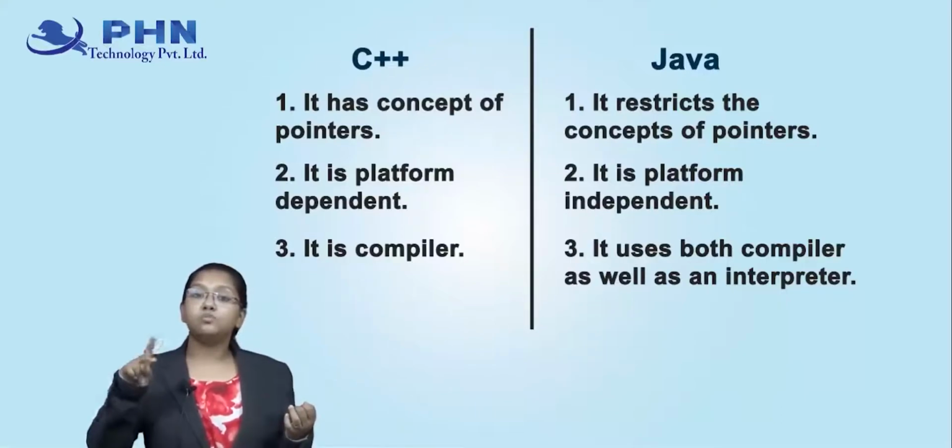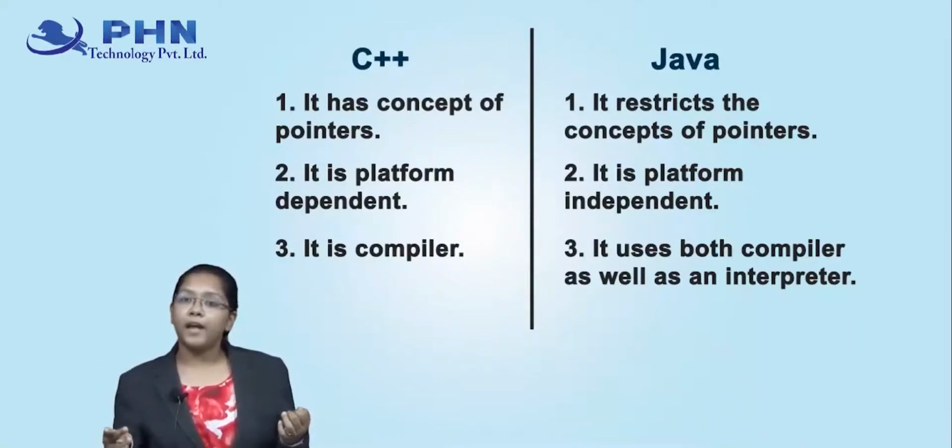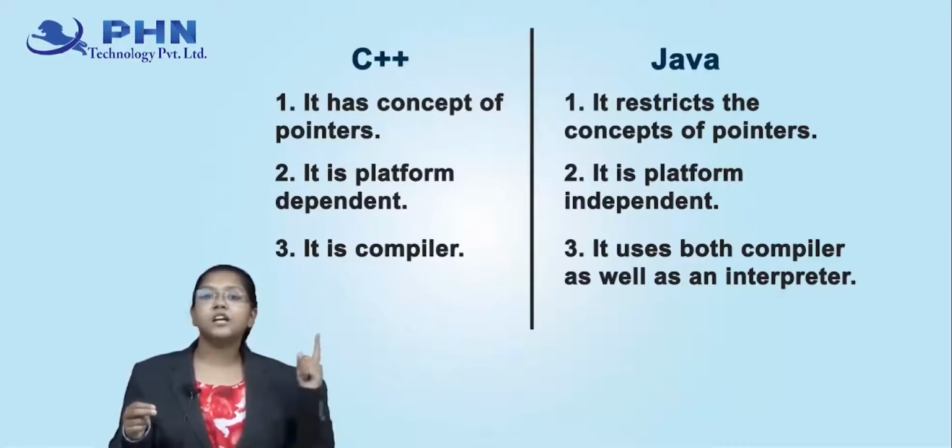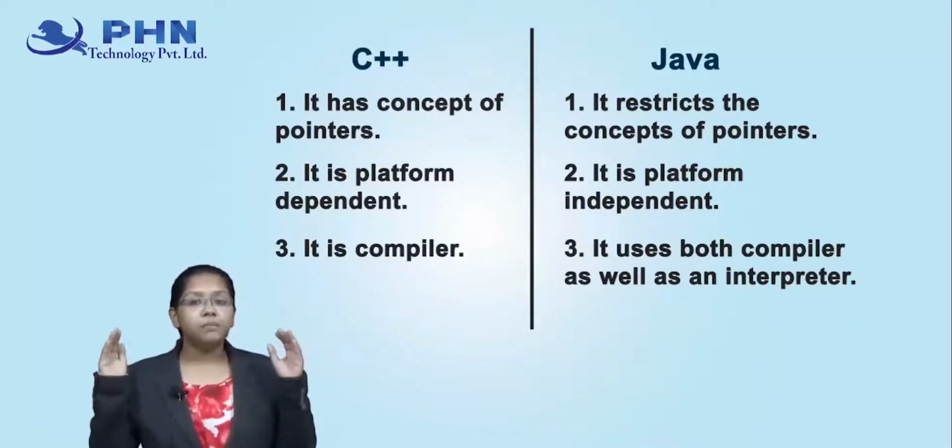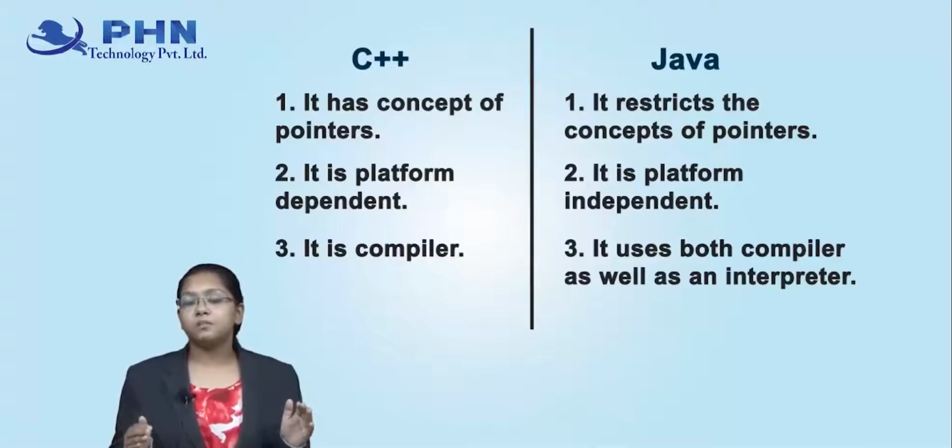Here we use both an interpreter as well as a compiler, but in C++ we only use a compiler. So these are the main differences between C++ and Java.